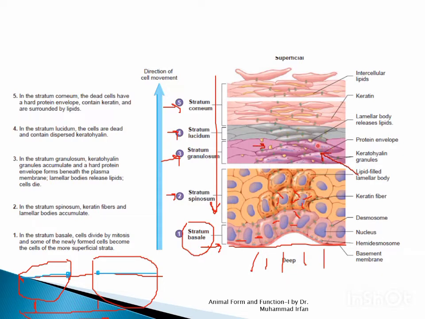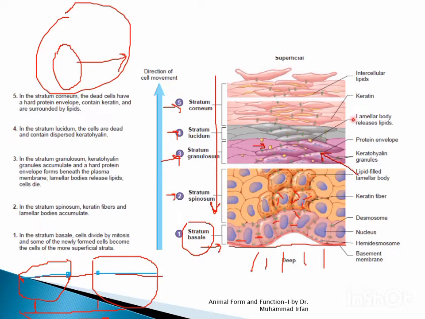These lamellar bodies are also found in the alveoli of the lungs, where they transport surfactant towards the cell membrane. But in the epidermis, they are present in the stratum granulosum, and they help to transport phospholipid towards the membrane. This phospholipid helps to make a water barrier for the skin.